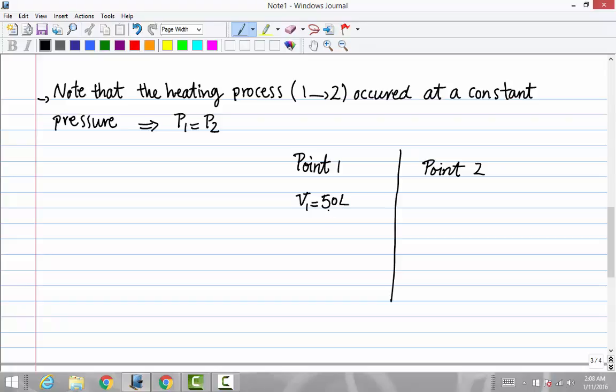50 liter. Temperature, it helps a lot. Although it looks like something that is not needed, it is important to have it in our solution.